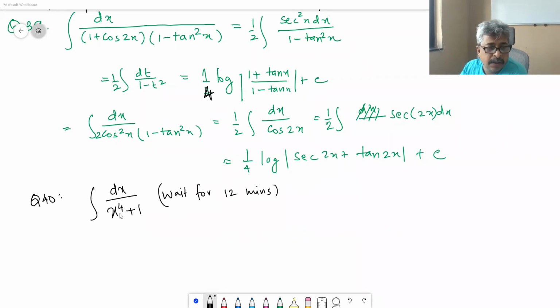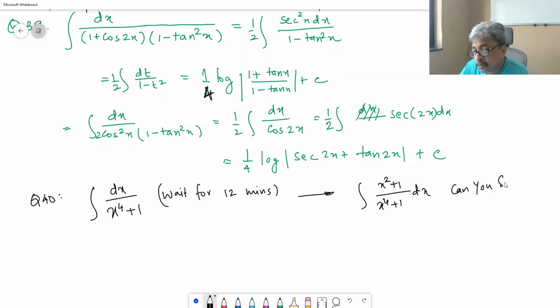Now this, as I said, is a celebrated problem because it requires many adjustments to get under control. Suppose you were given a support of x square plus 1 in the numerator, can you deal with it?